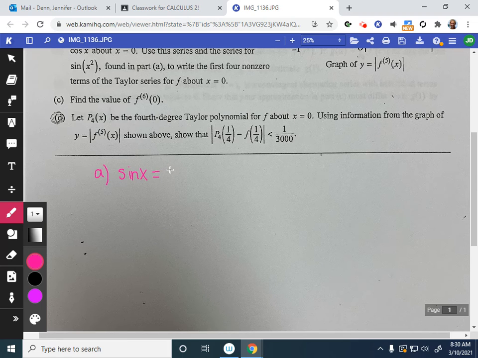So to have the odd powers, I must include x to the first. The signs alternate, so x minus x to the third over 3 factorial plus x to the fifth over 5 factorial. And they want the first four non-zero terms, so get one more.